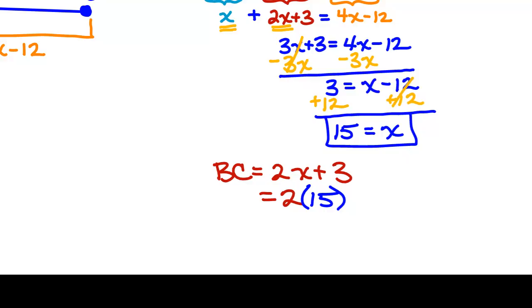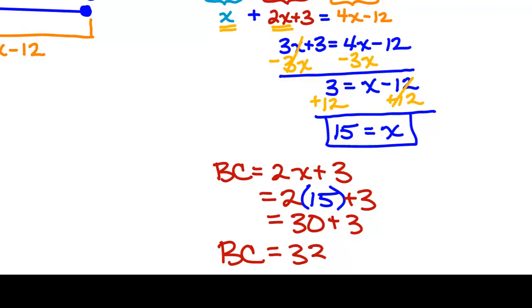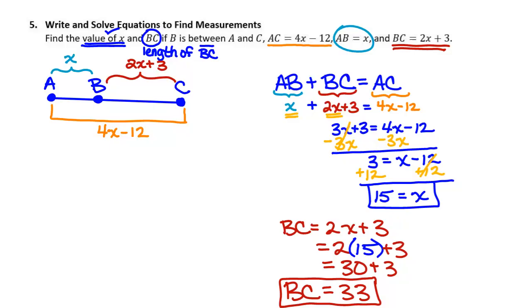So 2 times 15 plus 3. 33, yes. We have 30 plus 3, so BC is 33. Very nicely done.